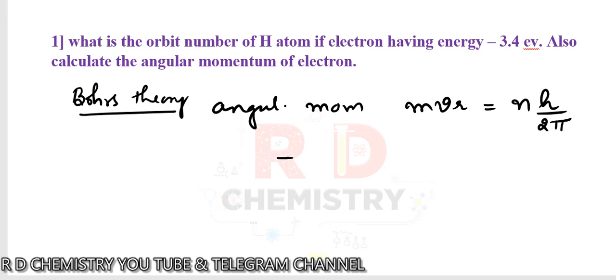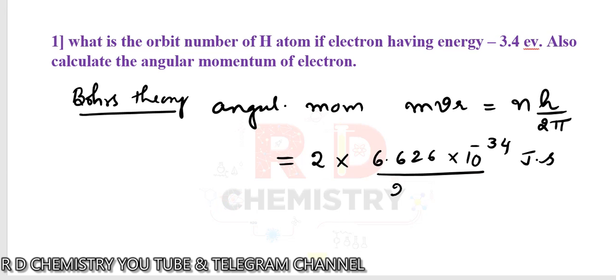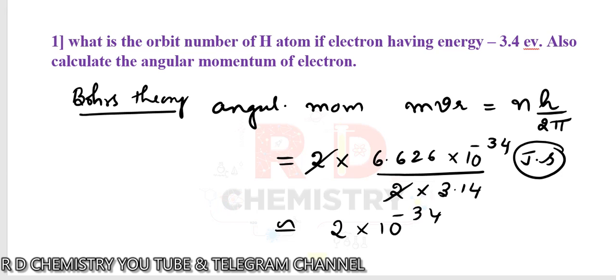So we have calculated n is equal to 2, into h, the Planck's constant 6.626 into 10 power minus 34, and its unit is joule second, divided by 2 into 3.14. So these two get cancelled. The final unit is joule second. So this is approximately 2 into 10 to the power minus 34 in terms of joule second. Fine, so this is clear.